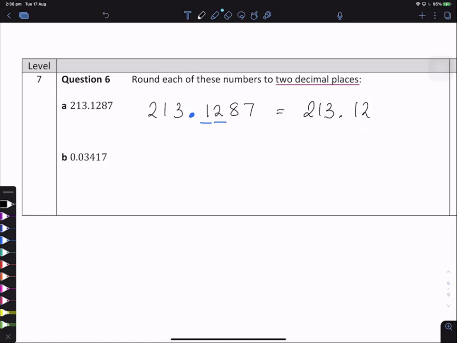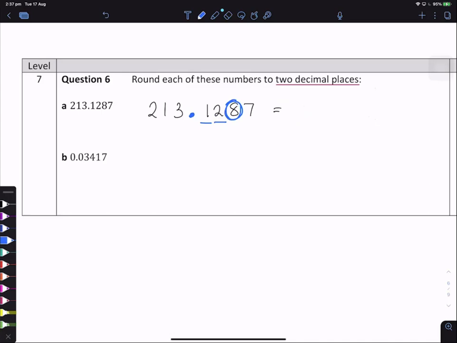Okay. Maybe I need to teach you from the beginning, yeah? So you can see here that we've got 1.12. When you round it to 2 decimal places and you have your 2 digits, you need to look at the next number. The next number is the important one because it's going to tell you to round up or round down. So what does the 8 there tell us?